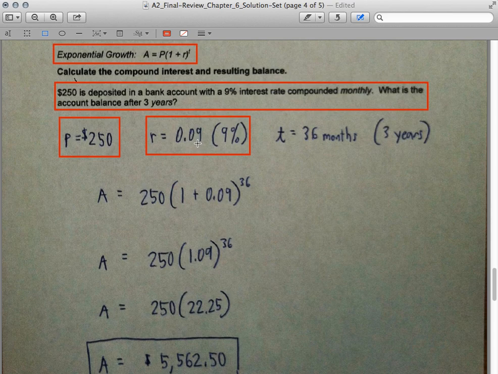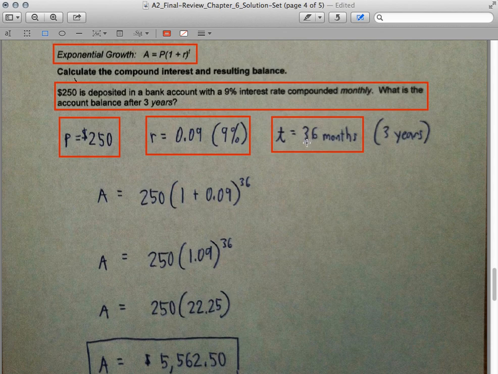So this is 9/100ths. Our t value, we have to remember, is being compounded monthly. So it's compounded monthly, and they want to know what the account balance will be after 3 years. So we have to understand months in terms of 3 years. So if it's compounded monthly, after 3 years, that means 36 months have gone by.